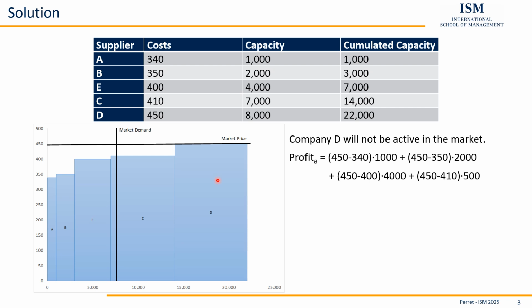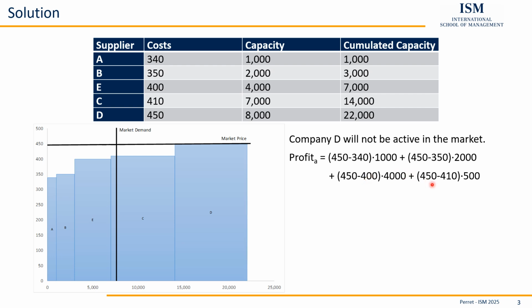So if I calculate the profit in this first scenario, I will have for the first one, market price 450 minus cost of 340, times the capacity he supplies. For the second one, market price minus his costs times capacity he supplies. For the part E, the third one, who uses whole capacity of 4,000, he has a profit margin per unit of 450 minus 400.